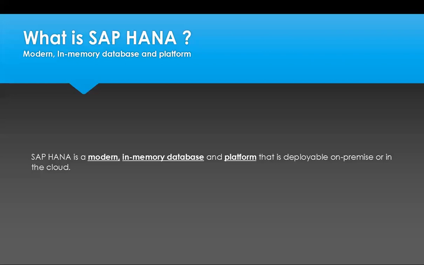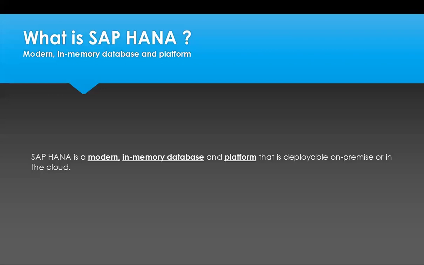You must also be aware of the fact that memory is volatile. So you may think, what if you have loaded all the data in the memory and the power goes off? For that, SAP HANA has a safety net which ensures the durability of the data. That is, the persistency layer is there. So you do not need to worry about the volatility of the data in memory.